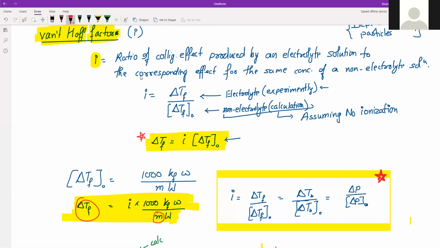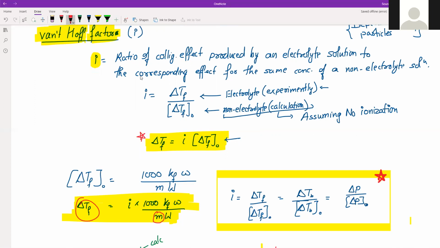The number of particles is increasing, and these colligative properties depend on the number of particles. So the actual or experimental value will always be greater than the calculated value. So the value of i is always greater than 1.